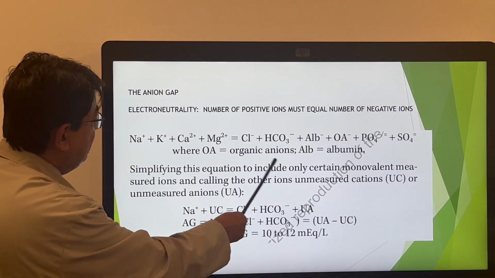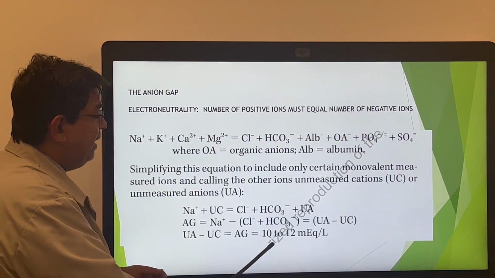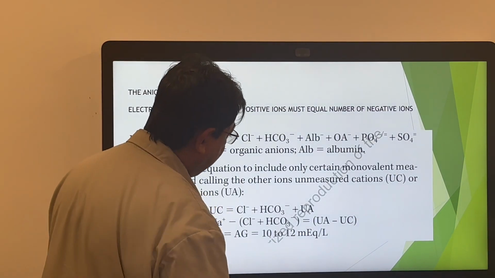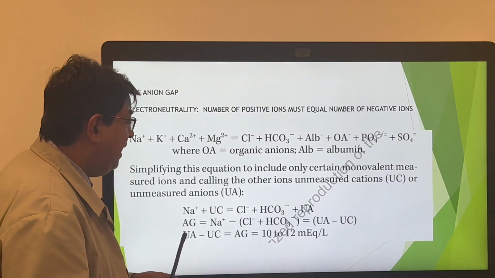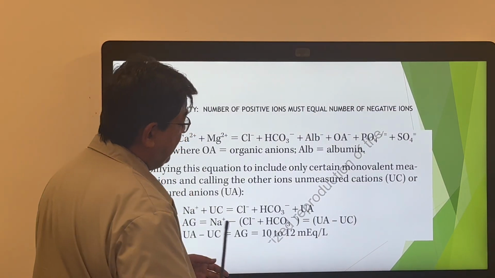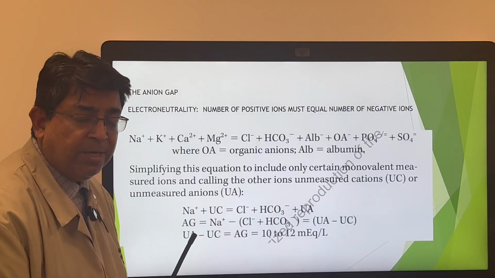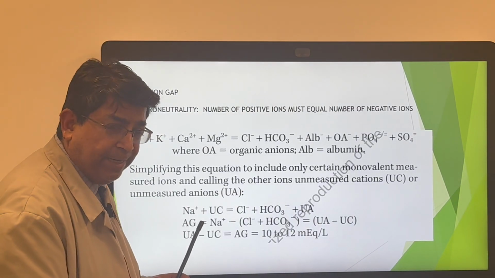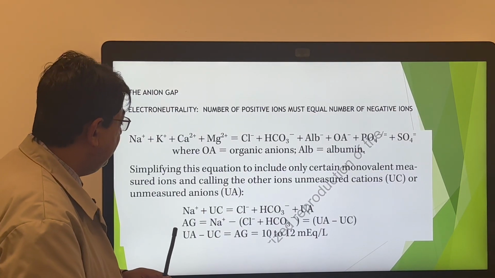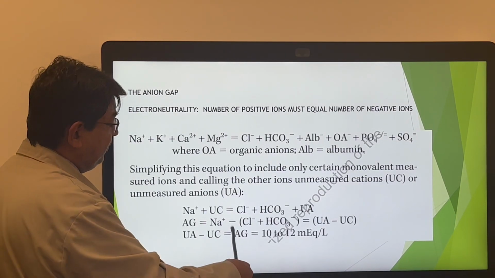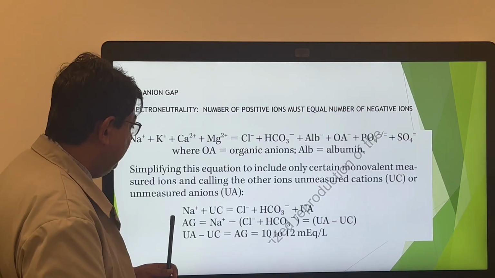So you can rearrange this equation and you get anion gap is equal to unmeasured anions minus unmeasured cations. And this is actually an important concept to remember. This concept also applies to the urinary anion gap, which we'll talk about a little bit later. And of course, the normal anion gap is about 10 to 12 milliequivalents per liter.